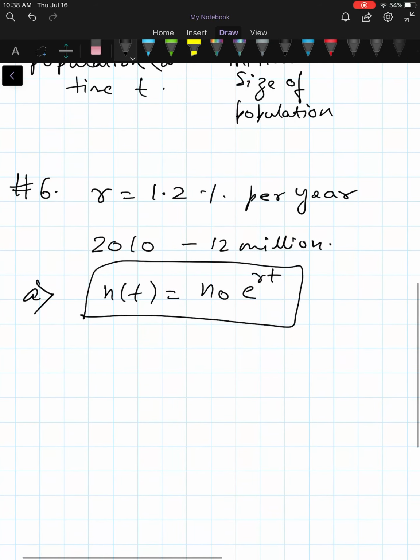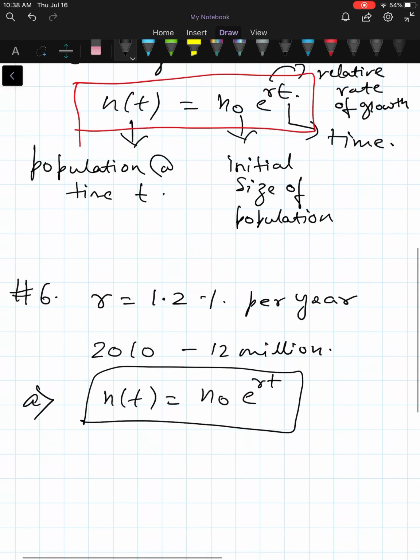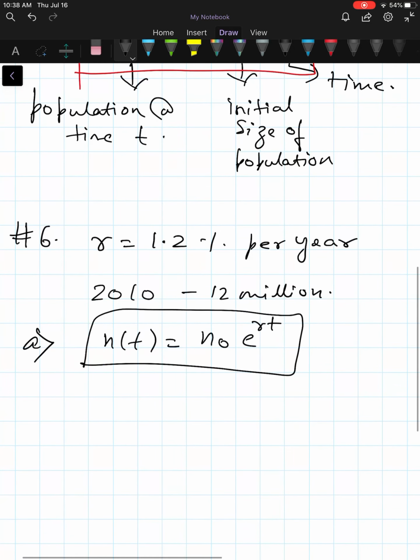So what is the data that we have? We have the relative rate of growth with respect to time, and we have that the population at 2010 is 12 million.